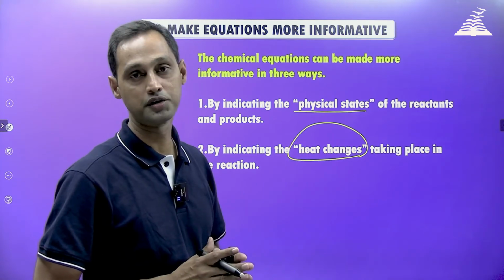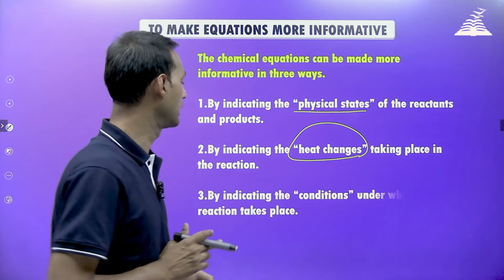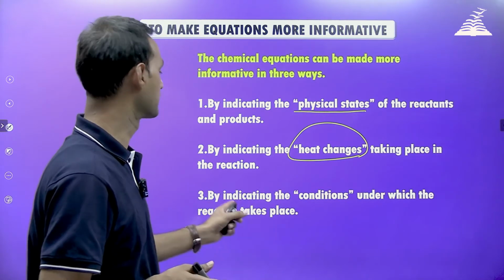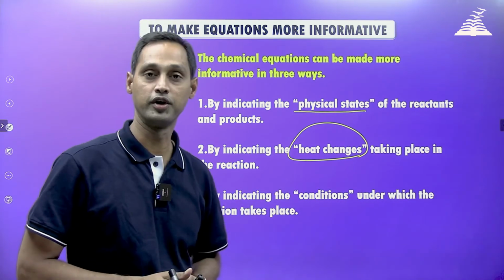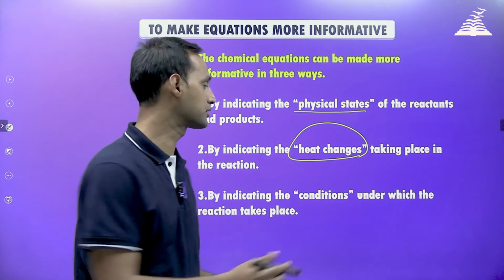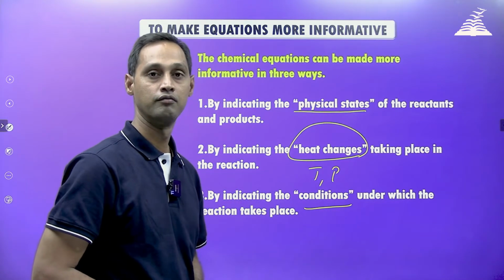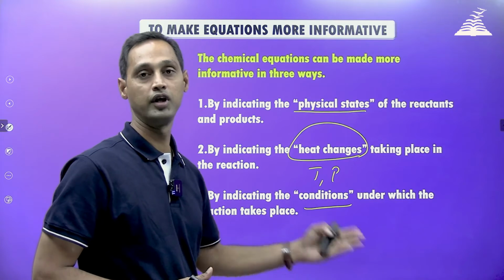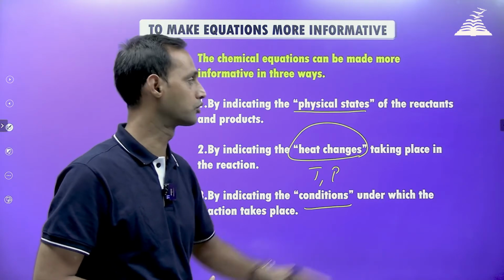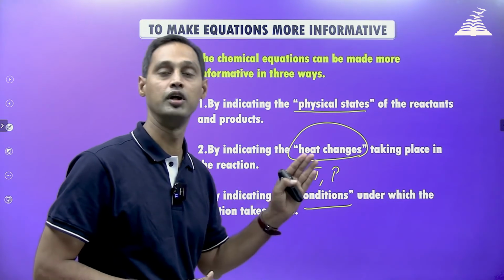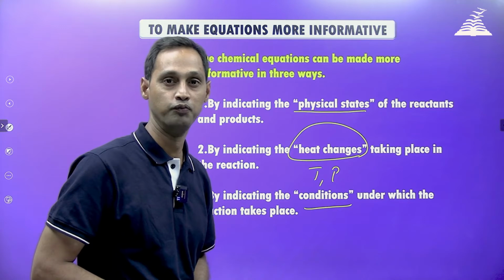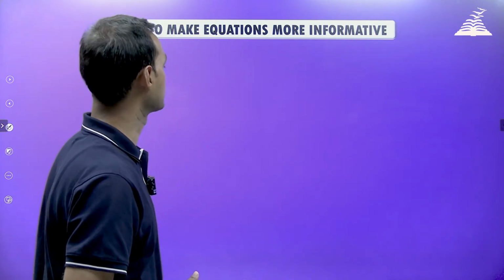Finally, the conditions under which the reaction takes place. What do you mean by conditions? Temperature and pressure conditions, and if any catalyst is required, so that we can make the given chemical equation more informative. We will discuss them one by one.